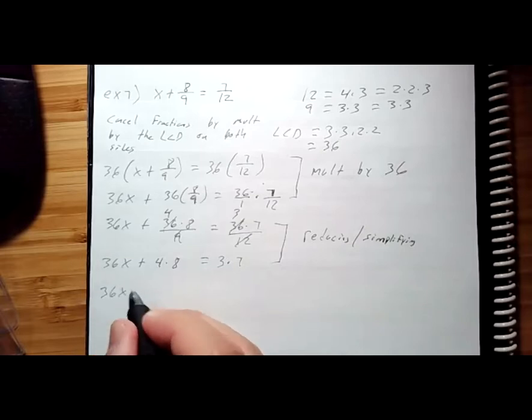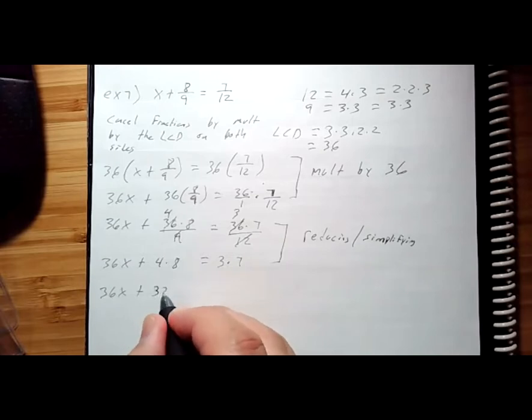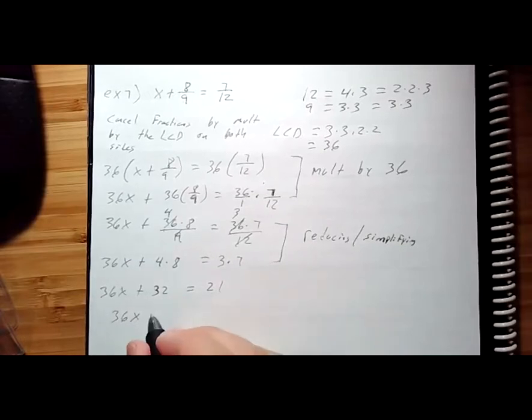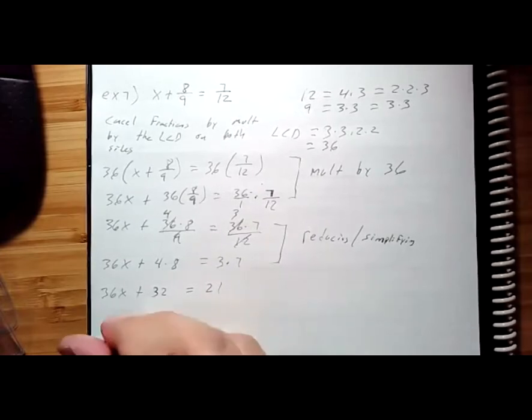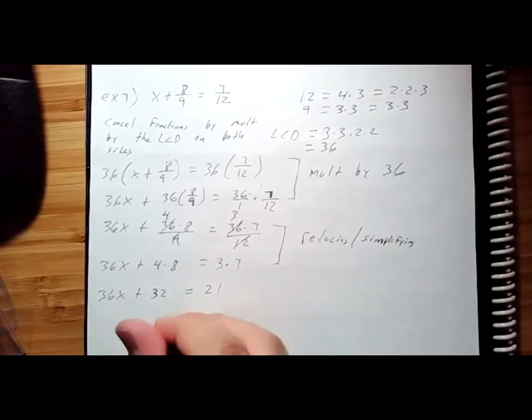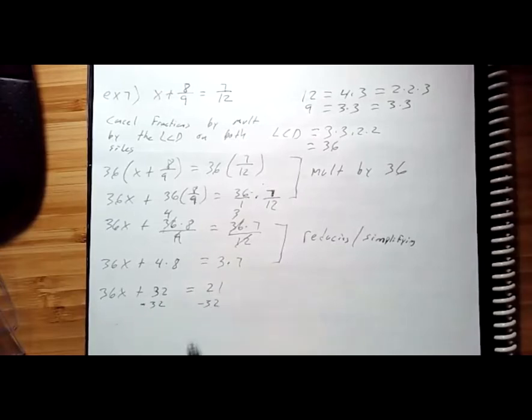So it'll be 36x, 4 times 8, that's going to be 32, 21. Subtract 32. Show the step first. So minus 32 minus 32.